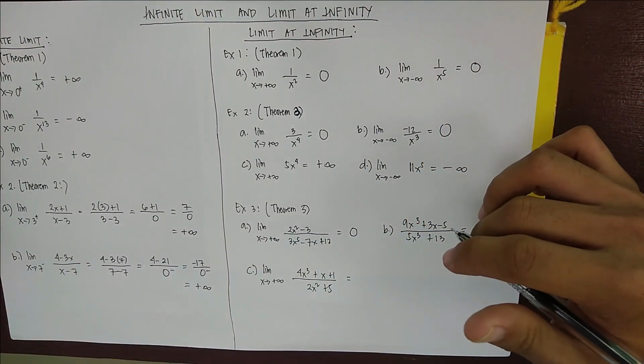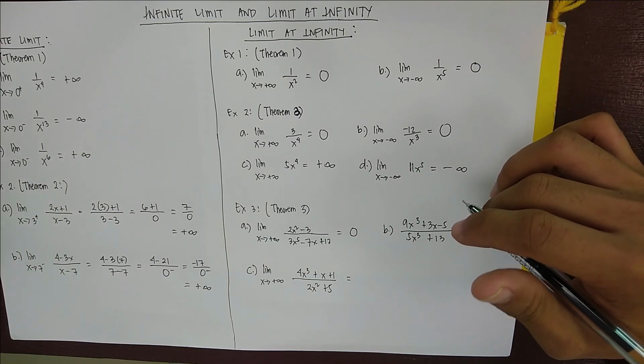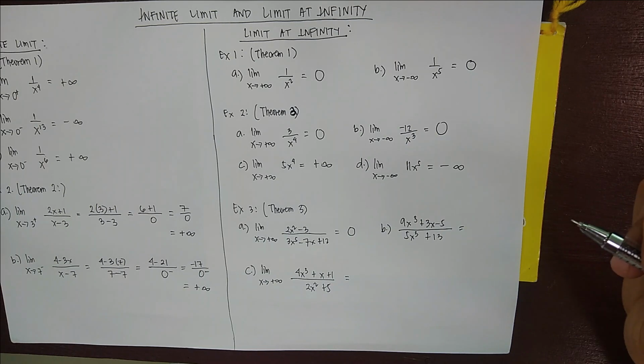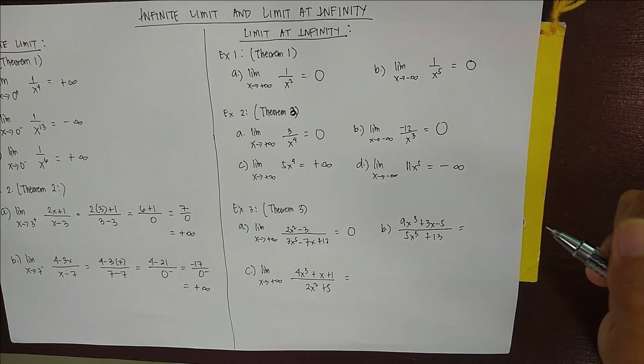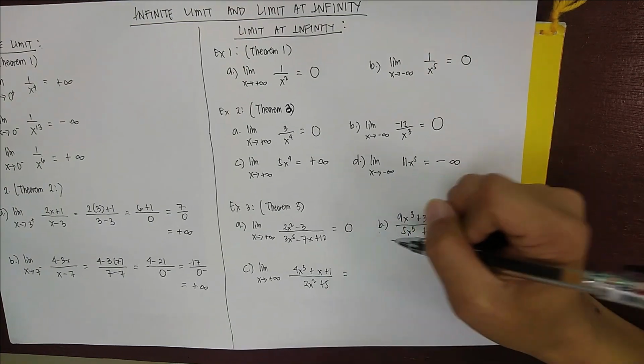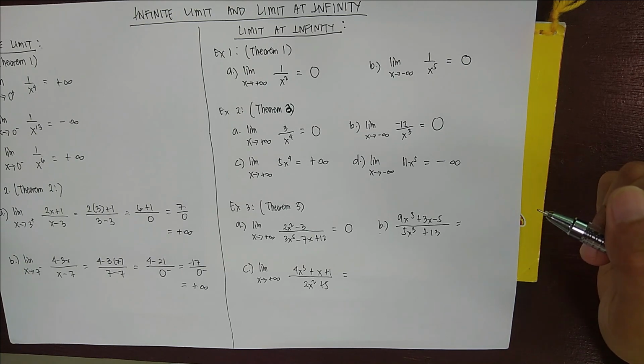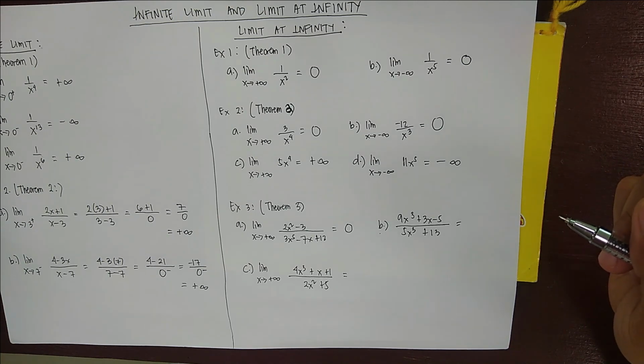So how about this one? The limit of 9x cubed plus 3x minus 5 over 5x cubed plus 13 as x approaches positive infinity. Here we have another condition.